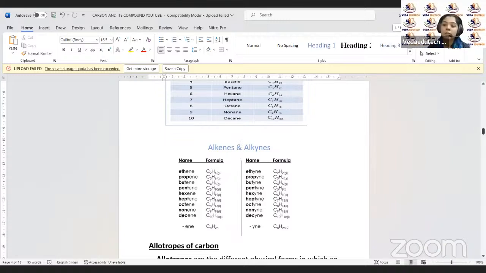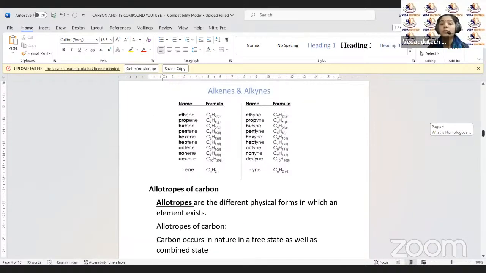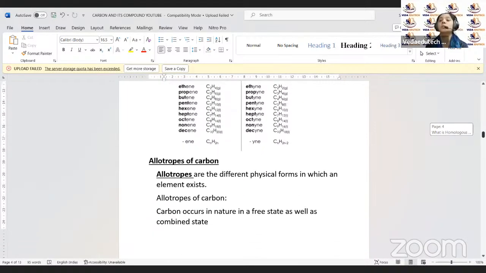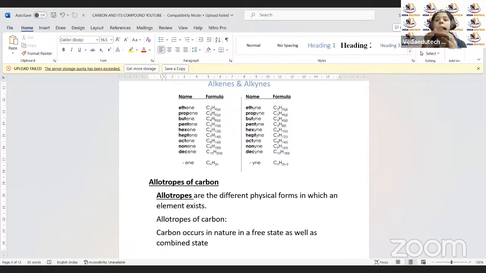Now coming to our next topic, that is allotropes of carbon. This chapter is completely about carbon. Carbon is an element which exists in 2 natural states: it might be in a free state or in a combined state.